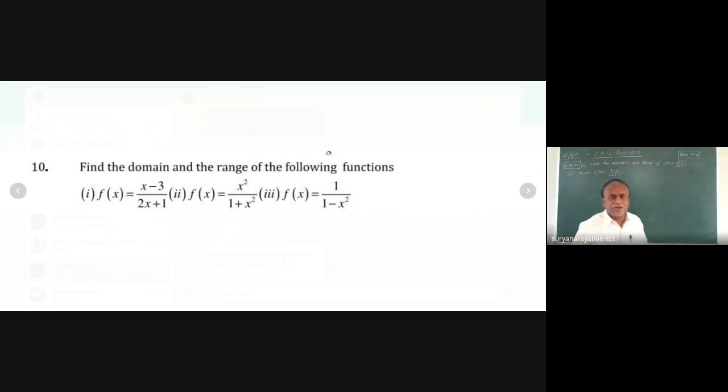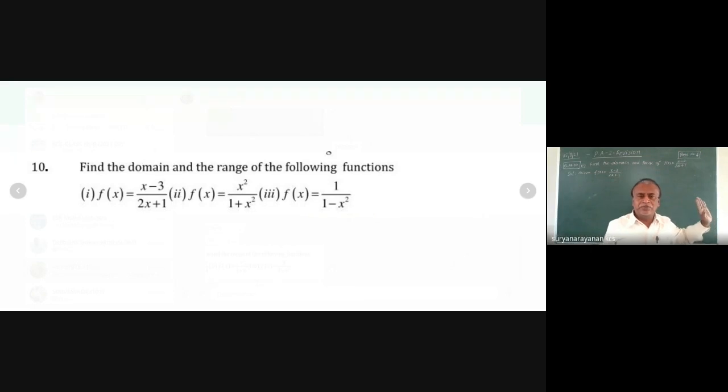In this course of study, we are studying only real functions. Real functions means the value of f of x should be always real number. If you observe, this is a polynomial function. In the numerator is a polynomial and in the denominator is also polynomial.